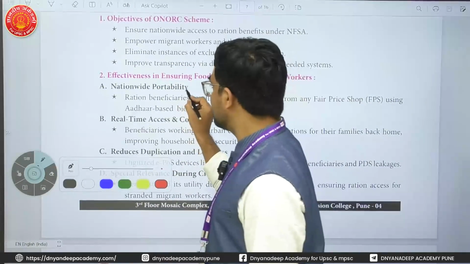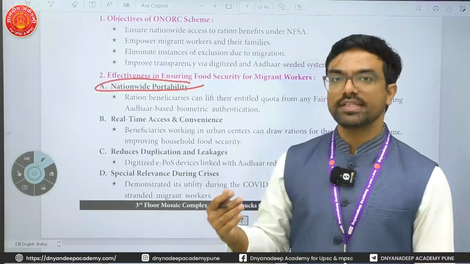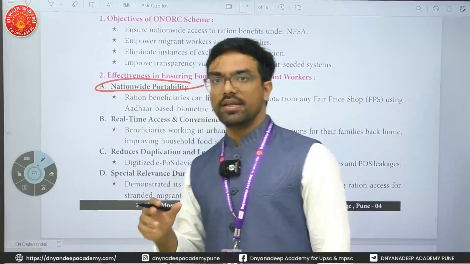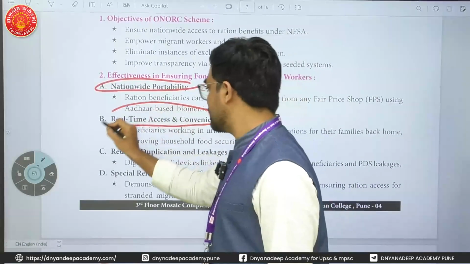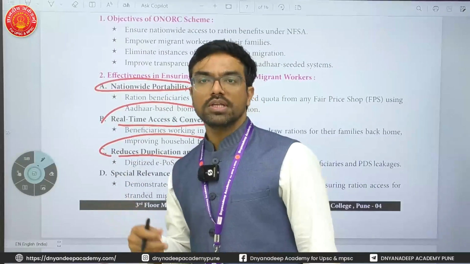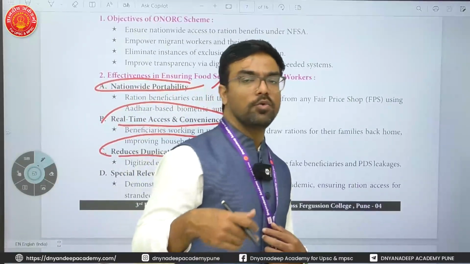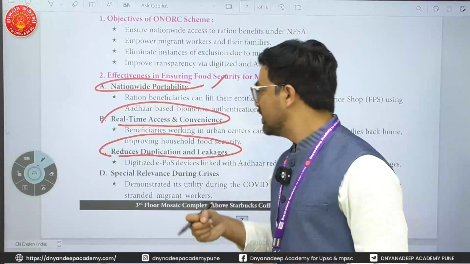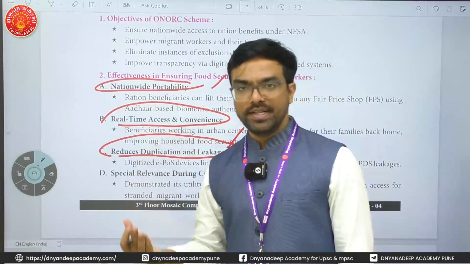Effectiveness: it ensures nationwide portability, right? Migrant workers can access the PDS from a fair price shop anywhere, in any state. So that's nationwide portability, real-time access and convenience. There is a reduction of duplication and leakages. How? Because now food grains are provided only through biometric or Aadhaar-enabled access. So biometric access ensures reduction of duplication and leakages in PDS schemes.